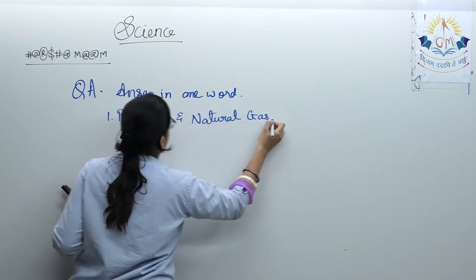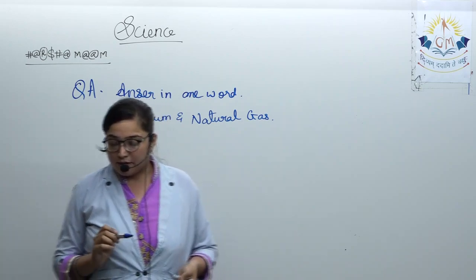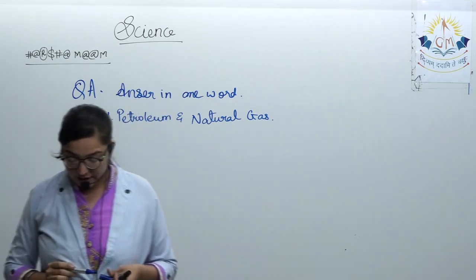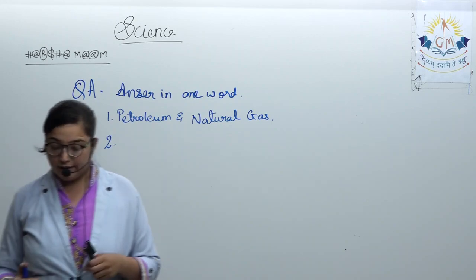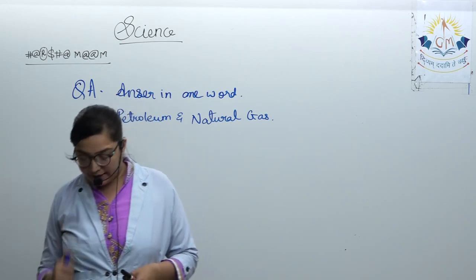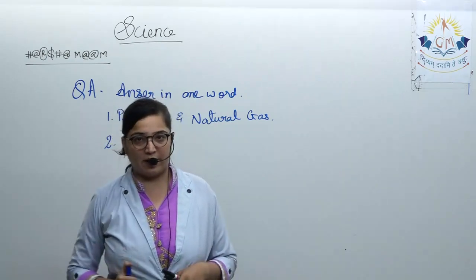Let us move further to the second question. Name the process of slow conversion of wood into coal at high temperature, high pressure, and in absence of air.